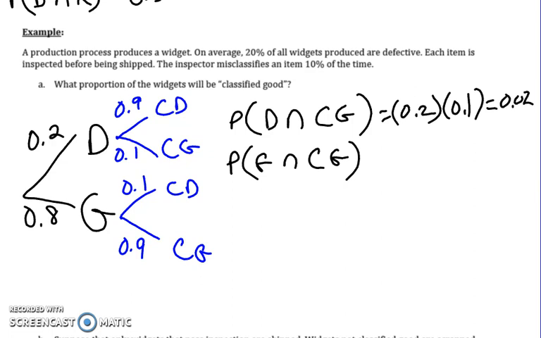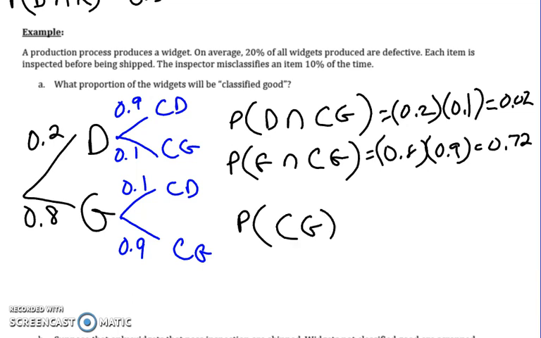Good and classified as good is 0.8, times 0.9, which is going to be 0.72. So the probability that it's classified as good is 0.74. Adding those branches up.